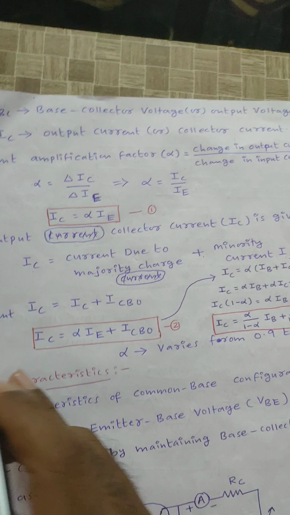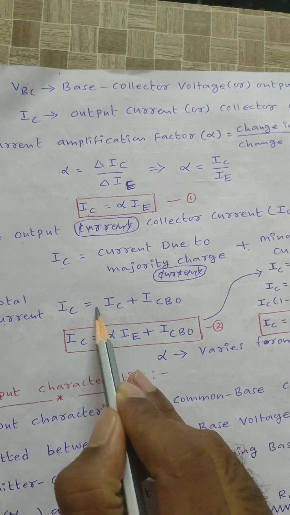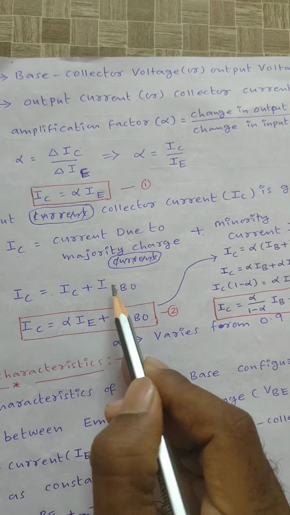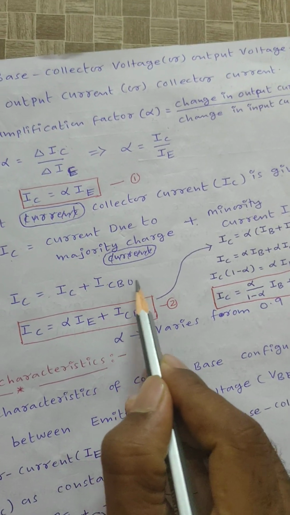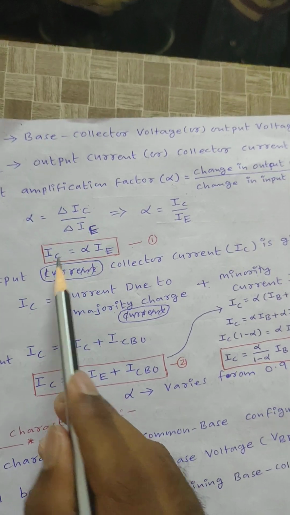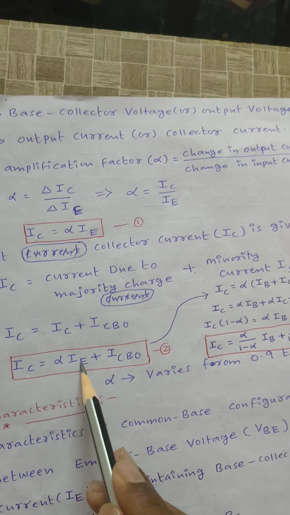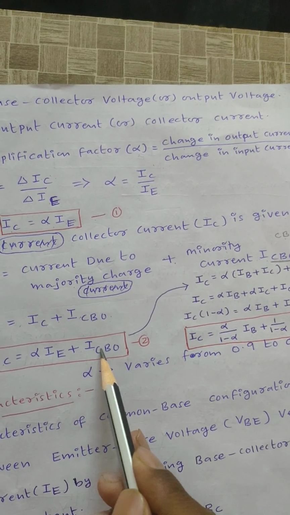Then the total output current IC equals alpha into IE plus minority charge carriers current ICBO.